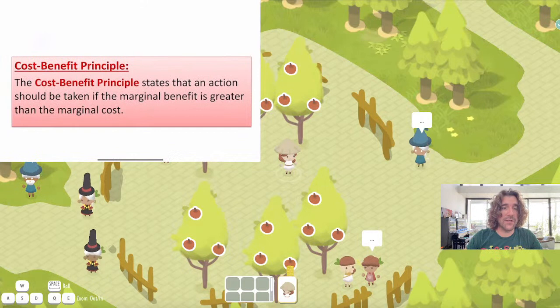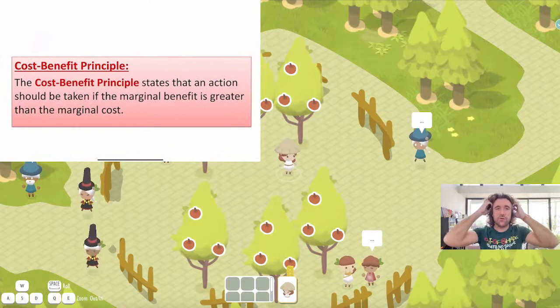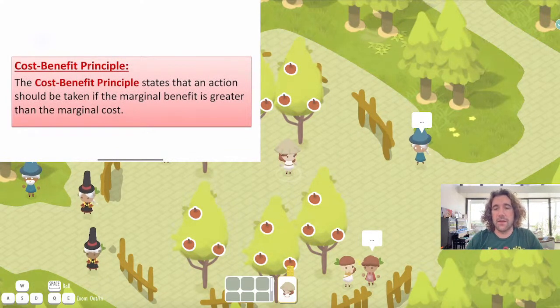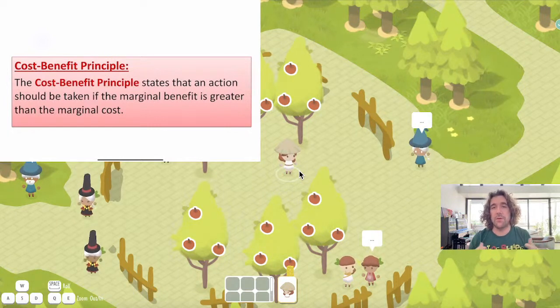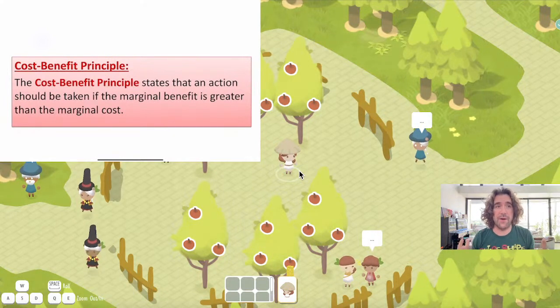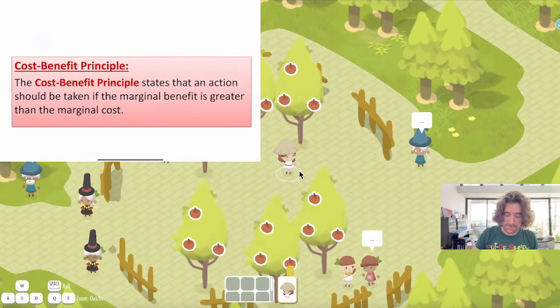And the main question at this point is, how many apples should my character produce? Well, that really is a very important question in economics, and we want to have some principle to guide how we think about this decision making. And the cost-benefit principle helps us with that.